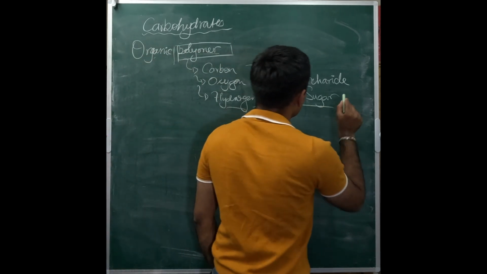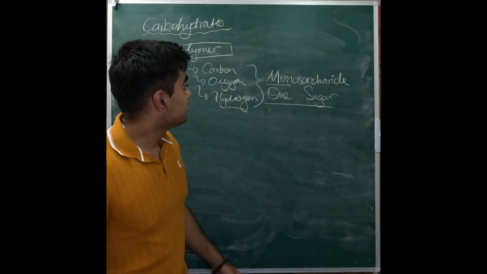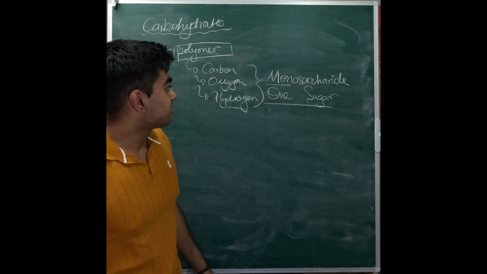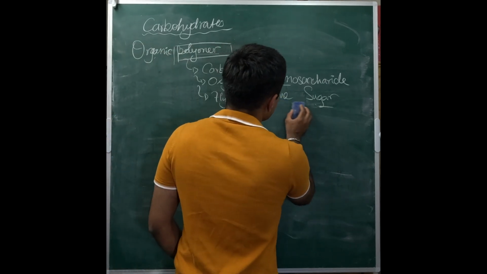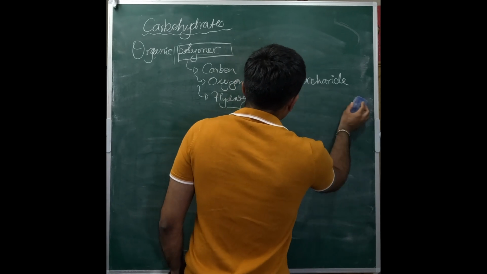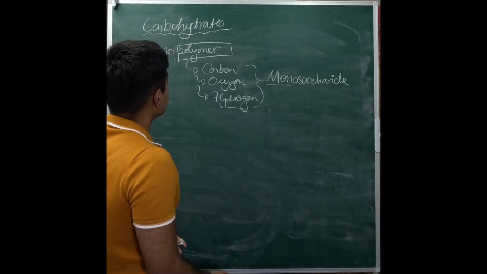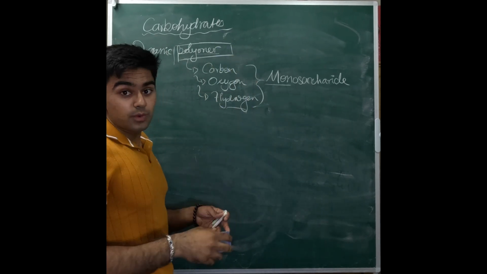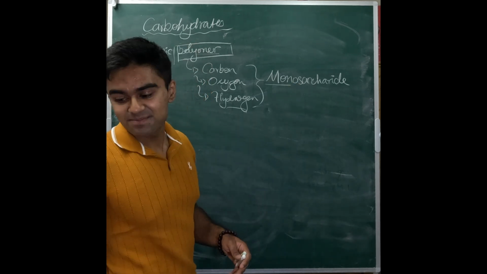Scientists just like using complicated language to, I guess, maybe just mess our lives up. But yeah, that's kind of it. Monosaccharide, one sugar. As simple as that. So we know that the monomer, in other words, the small subunit that makes up our carbohydrates, in other words, our polymer, are known as monosaccharides.